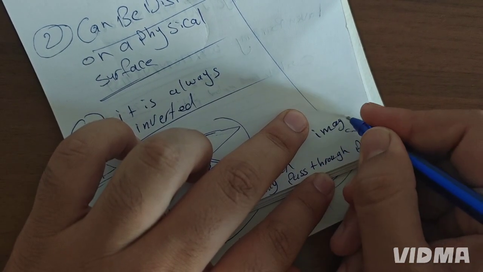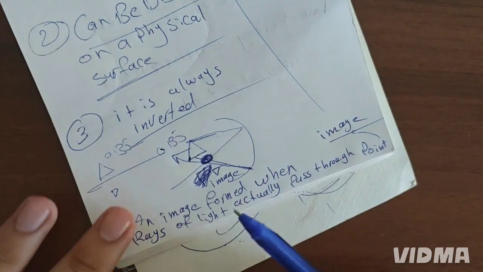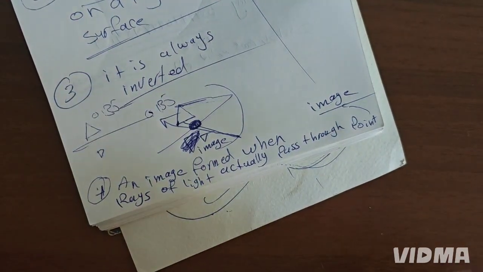You know what is the meaning of definition? So easy. The question said an image formed when the image is going to be created.